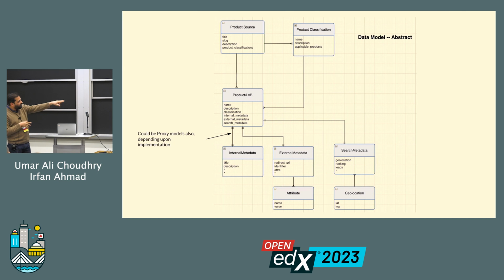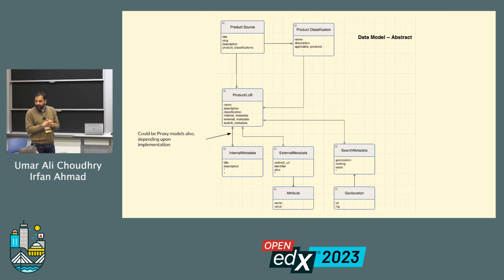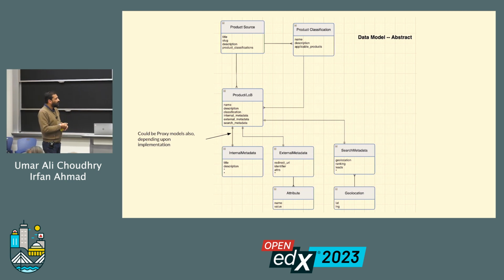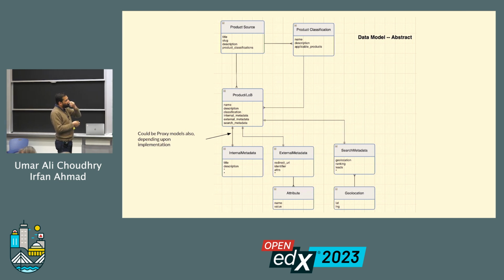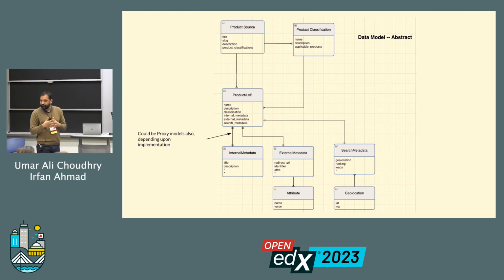The three metadatas at the bottom could be proxy models as well, so that we don't have separate physical tables. And then there's the product source, and then product classification. And each external metadata can have a number of attributes that are specific to that third party.